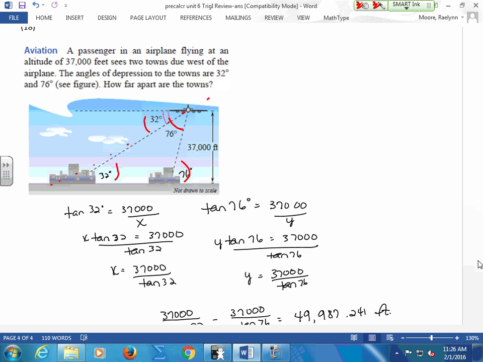Now, where's my right triangle is the problem. He still is 37,000 feet. Just drop it from where all these points meet. That's 37,000 feet. They're showing you, yes, there's 37,000 feet high, but combine it where all your pieces are.